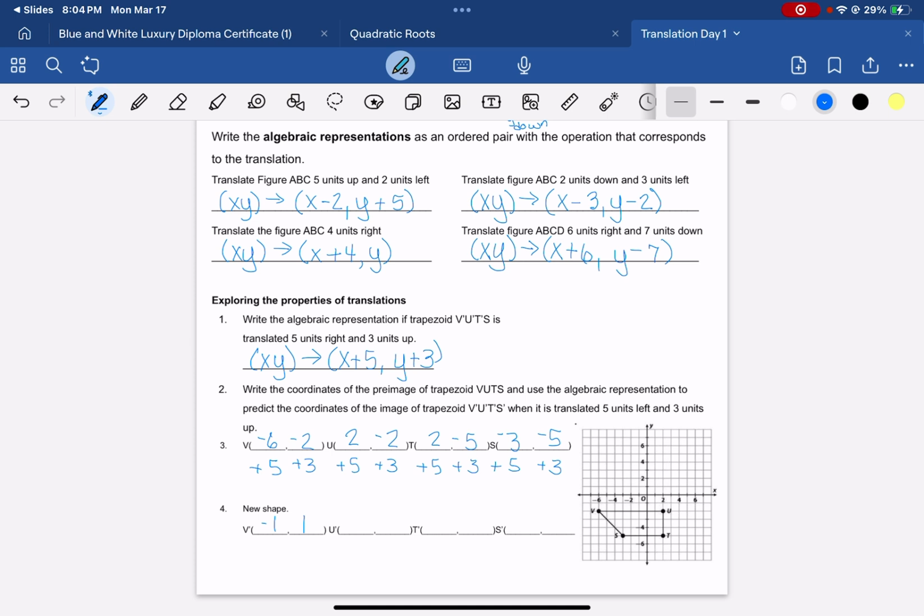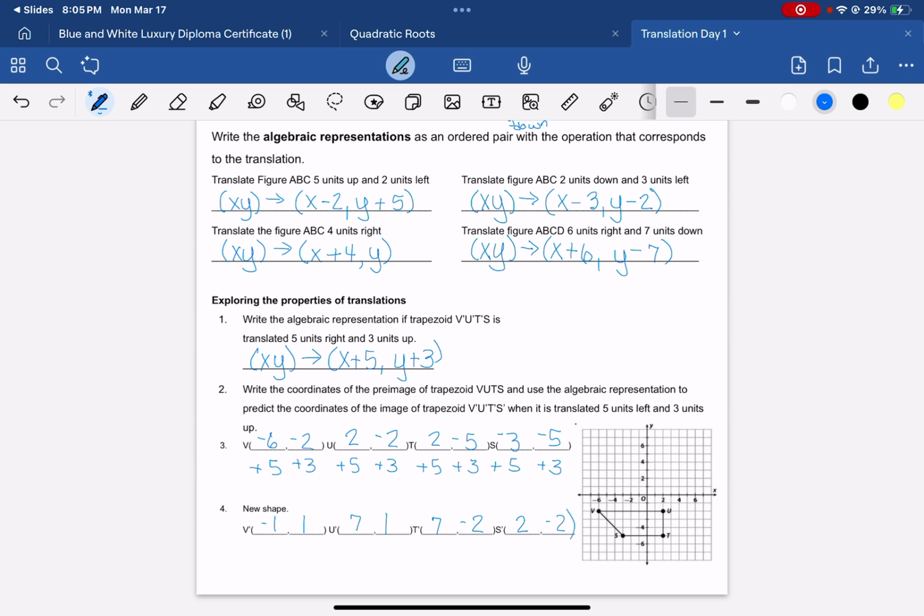Okay. 2 plus 5 is 7. -2 plus 3 is +1. 2 plus 5 is +7. Negative 5, positive 3 is negative 2. Negative 3 plus 5, well, that's positive 2. And then negative 5 plus 3 is negative 2. All I did was follow my integer rules.